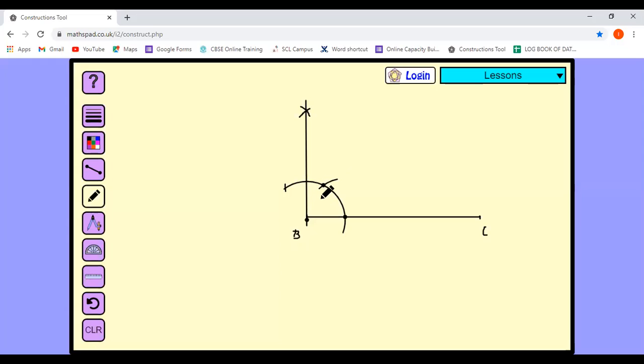Okay, so we got 90 degree. Now we have to make 6 centimeter, AB 6 centimeter.